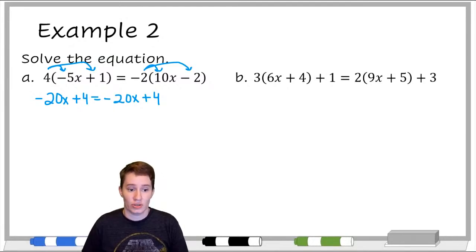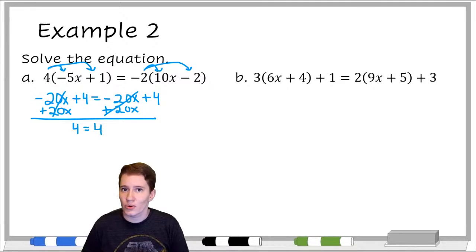If you don't realize what the answer is yet, keep going and add 20x to both sides. And then that gives us 4 equals 4. Is that true? Does 4 equal 4? Yes, it does. So our answer here is all real numbers.